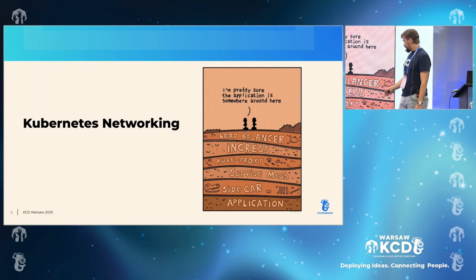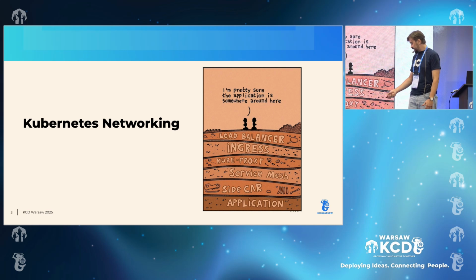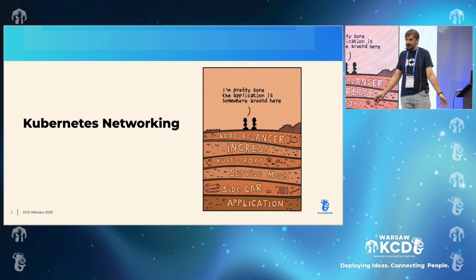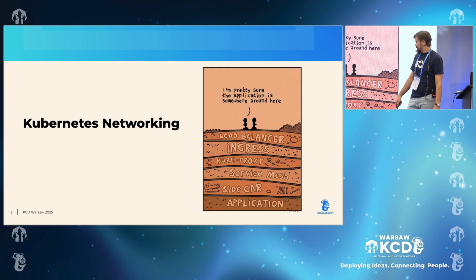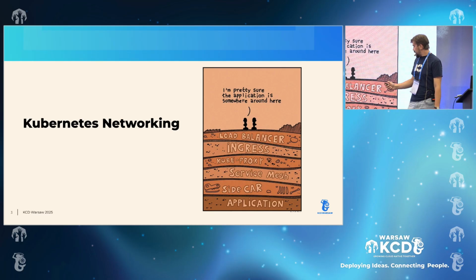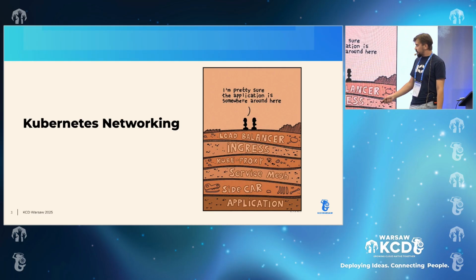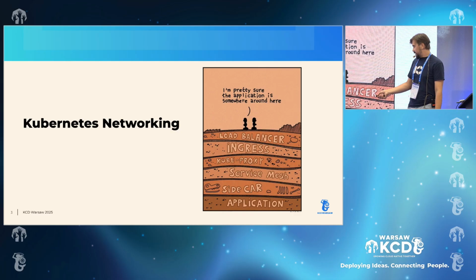We have tons of layers: load balancers, ingress, kube proxy, service, sidecars, and then the application, which is the clue of our business models, running our production. So yeah, Kubernetes networking.